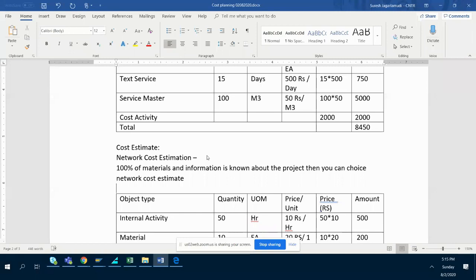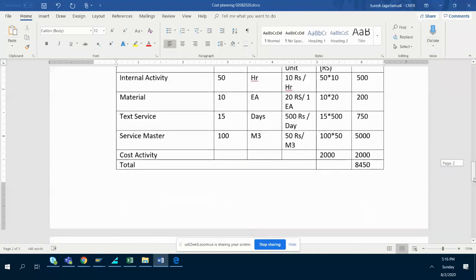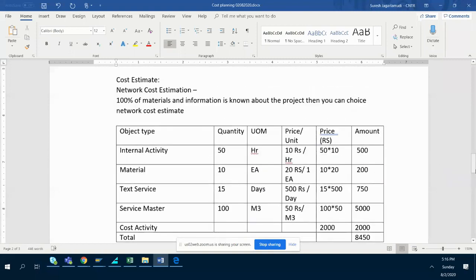Or ICWA? So anything which is relevant to your controlling area is nothing but network cost estimate. All these costs, whatever I am discussing here, are all with reference to cost accounting. That is nothing but all internal related objects.